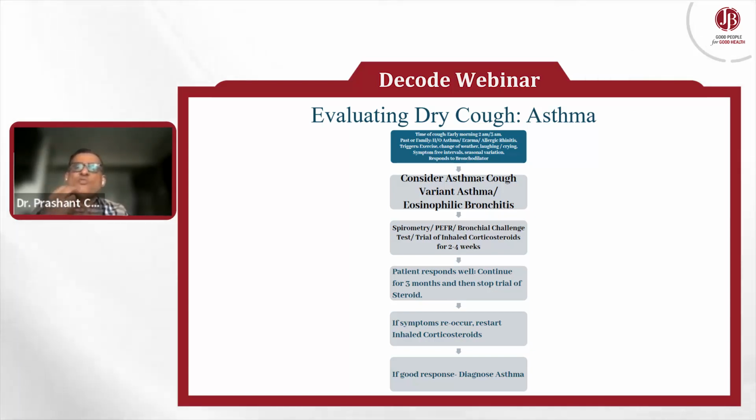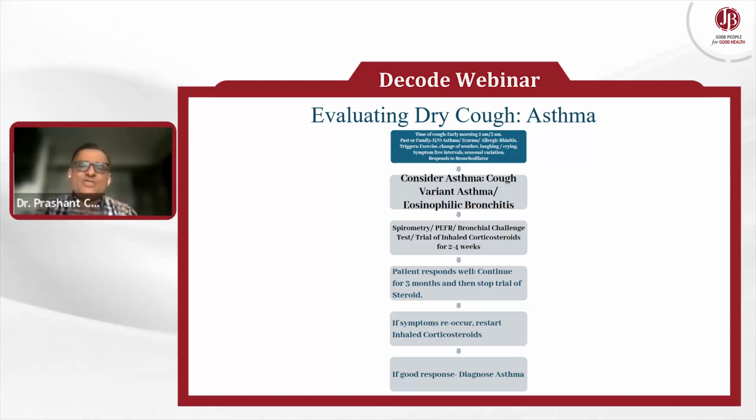You need to do the workup for these individuals. For me, any patient who comes to my clinic, we will do a spirometry, which is a very simple test to be performed, and that will clinch the diagnosis in a large number of patients. If spirometry and everything else is normal, you still suspect that the cough may be attributed to asthma.